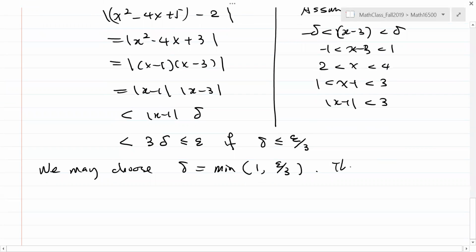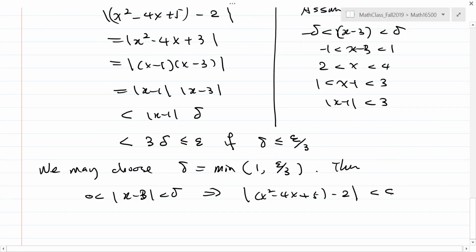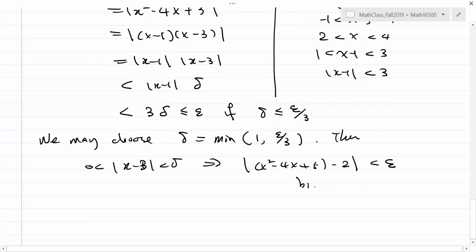Then absolute x minus 3 less than delta really implies that the difference is less than epsilon, okay? By the above argument. Then everything's clear. The proof is complete by logic, okay?